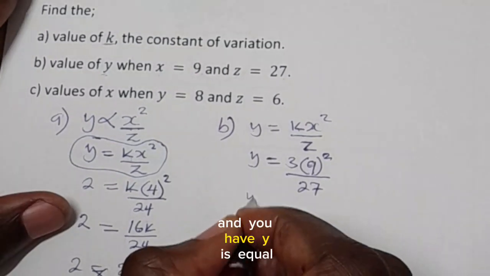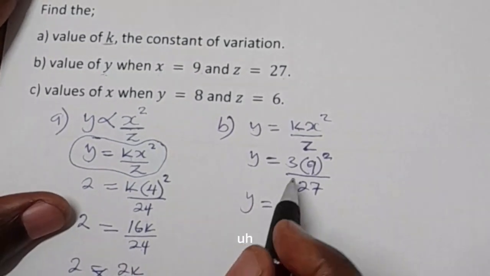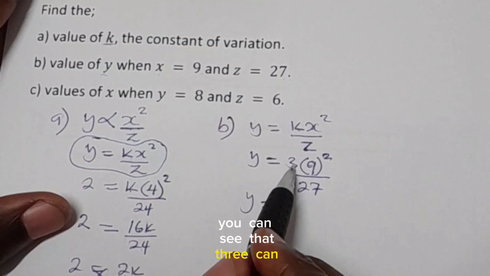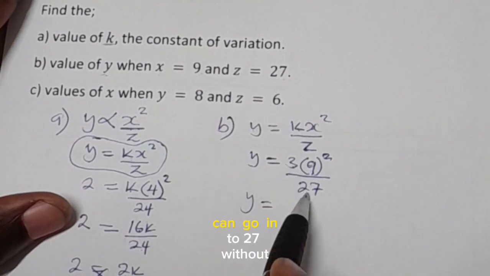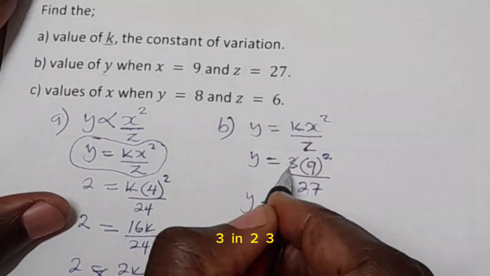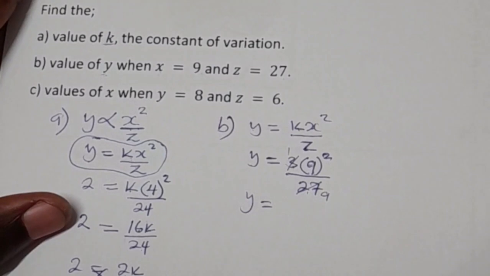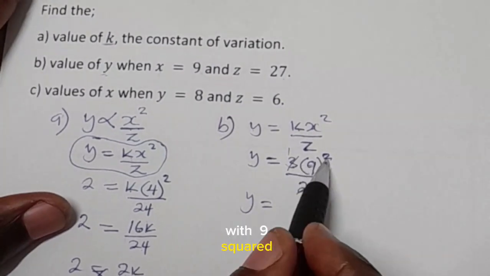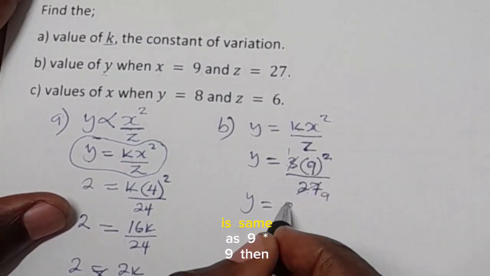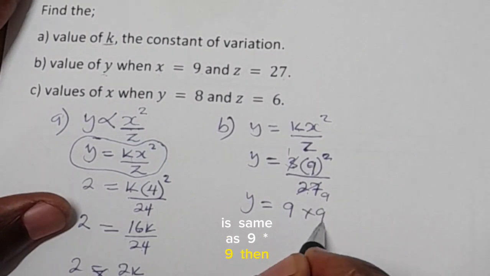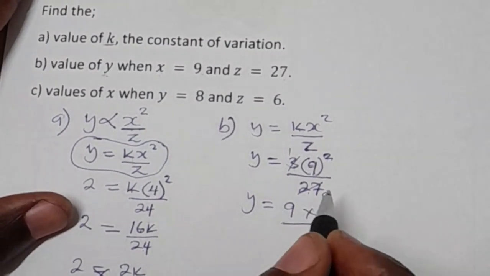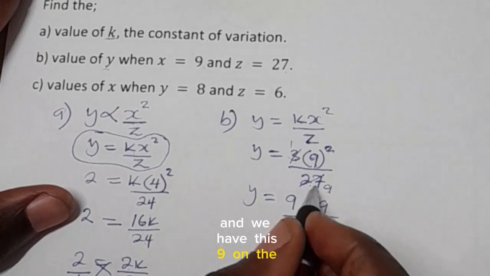Then you have y is equal to, you can see that 3 can go into 27 without leaving a remainder. So 3 into 3, 1. 3 into 27, you have 9. So here we are remaining with 9 squared, and 9 squared is the same as 9 times 9, then over, we have this 9 on the denominator here.